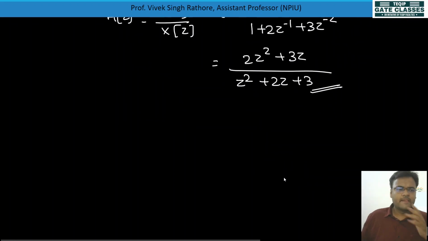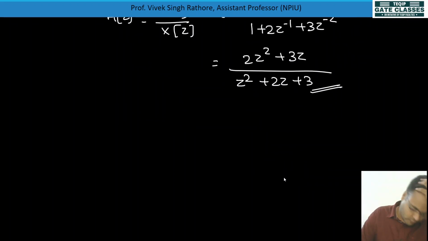Now see, what you need to see is causal. If you plot h of n also from this equation, first of all you will do partial fraction and then we'll classify and so many things are there.